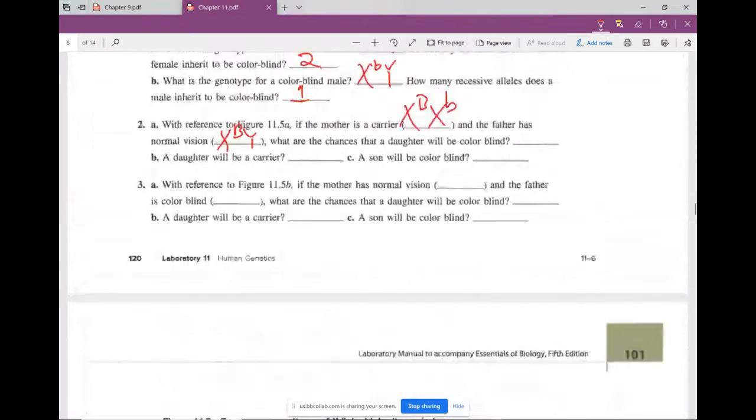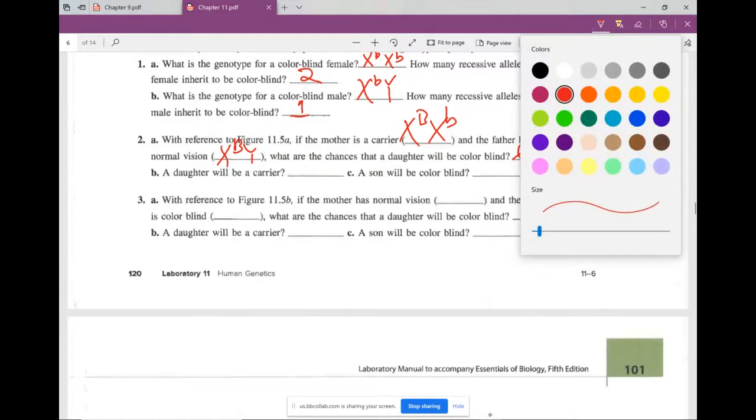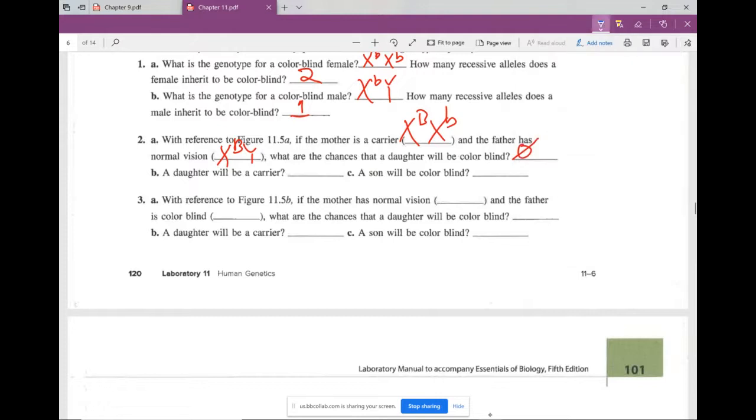A daughter will always inherit a dominant allele from one of the parents, or both. 0. A daughter will be a carrier. What are the chances that a daughter will be a carrier? 50%.